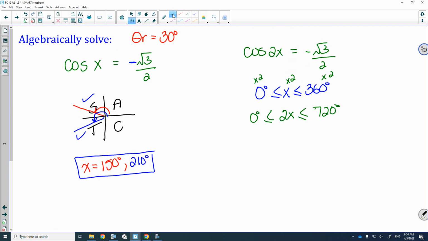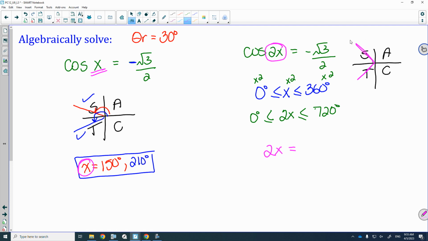I know that, again, according to CAST, I'm going to have a solution here at 30-degree reference angle, and I'm going to have a solution here, 30-degree reference angle. Instead of writing x is equal to, because this one we had a single x here for our argument, what I'm going to now do is my argument is 2x. So I'm going to write 2x is equal to.